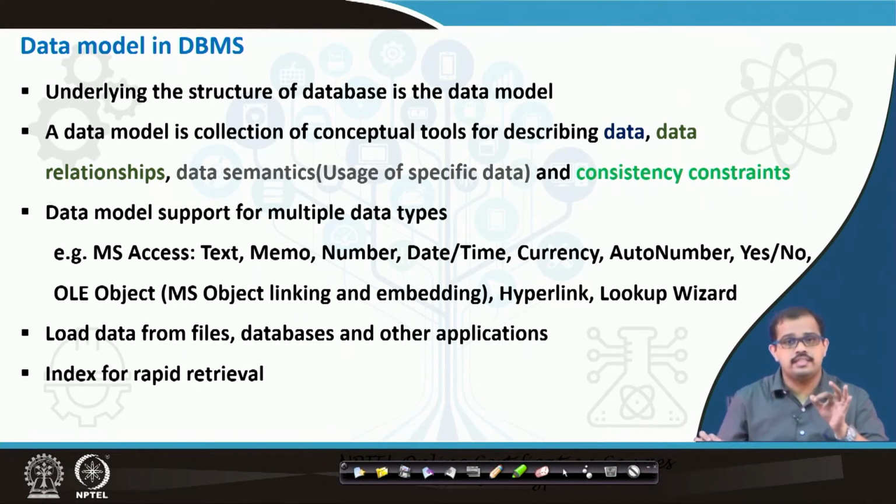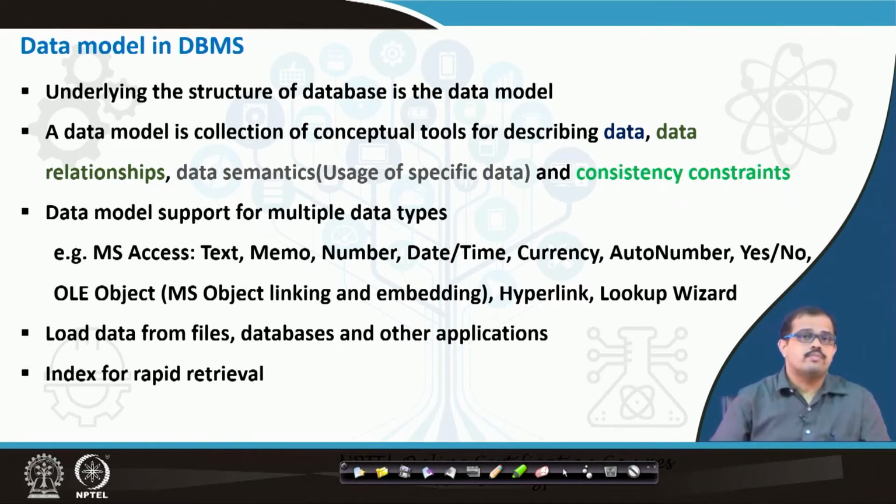When I say semantics, these are usages very specific to the data. And also how consistency constraints are maintained. These are very important in a data model. So it is the tool which connects or describes all of these. That is what is called a data model.